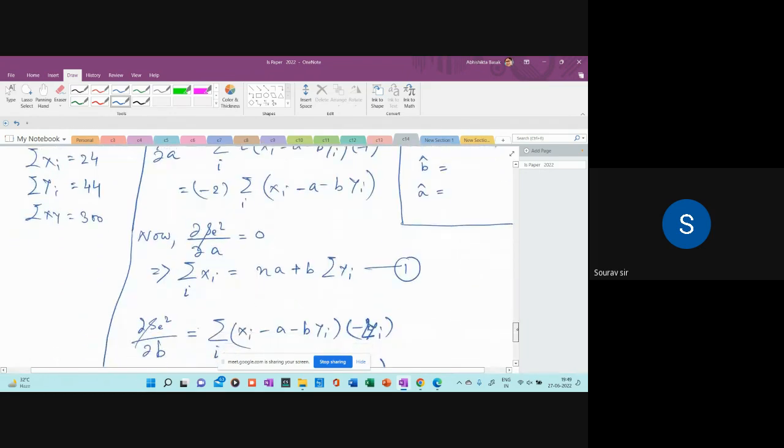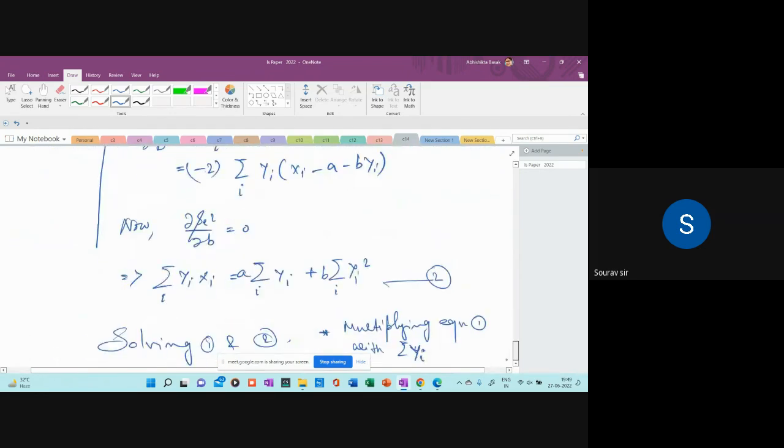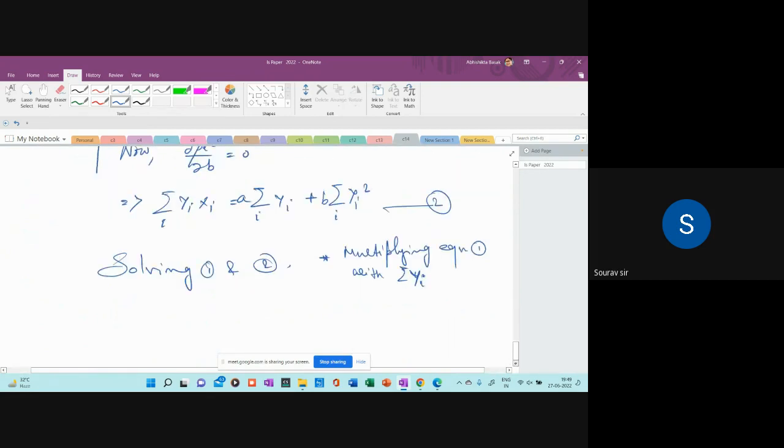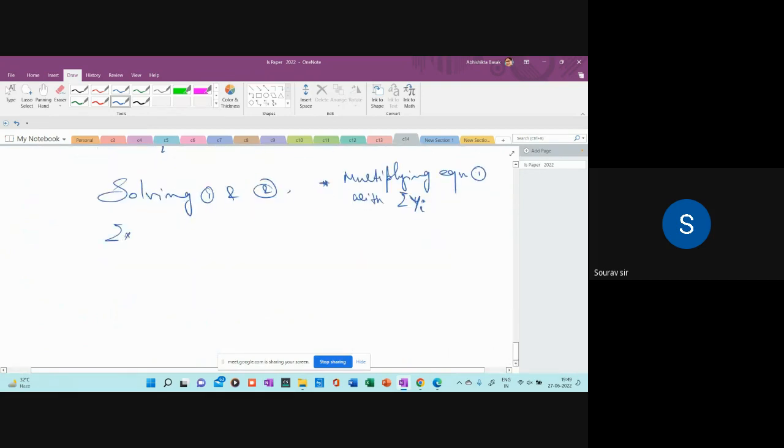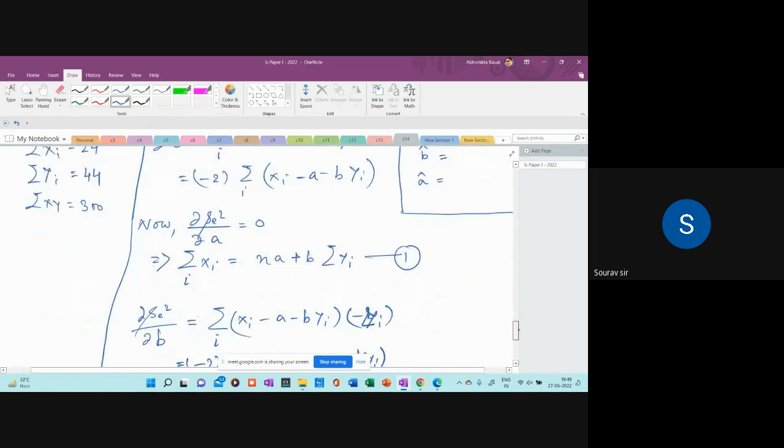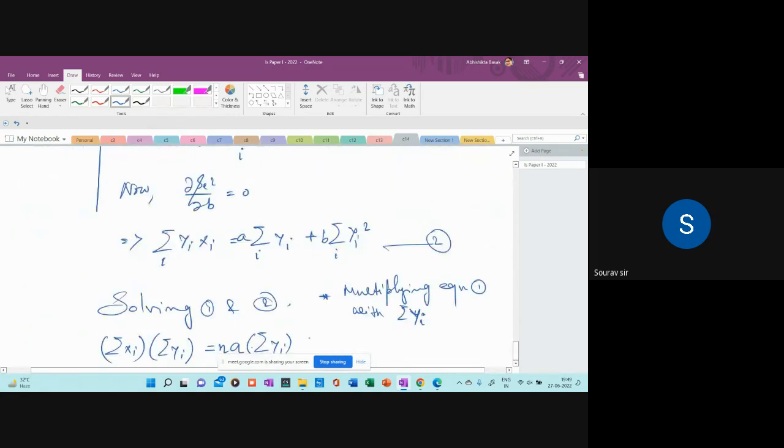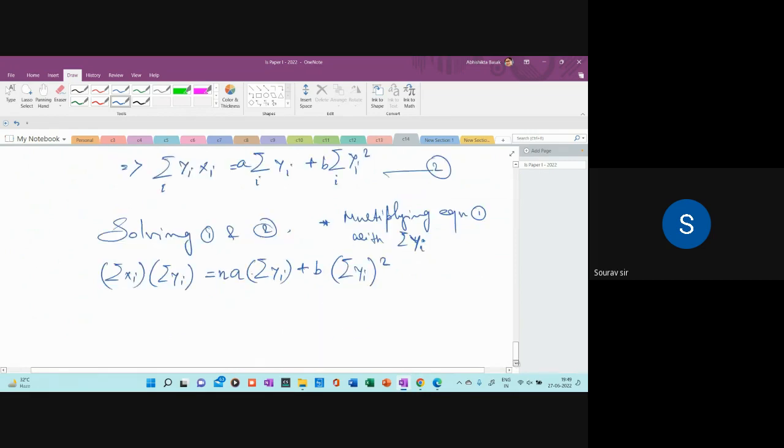Equation 1 was summation xi. So let me multiply this. Summation xi summation yi equals na into summation yi plus b into summation yi whole square. That was my new equation, which I can name 3.